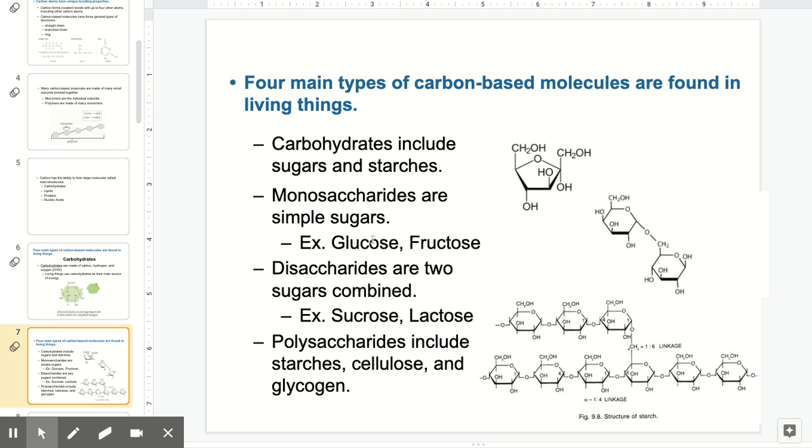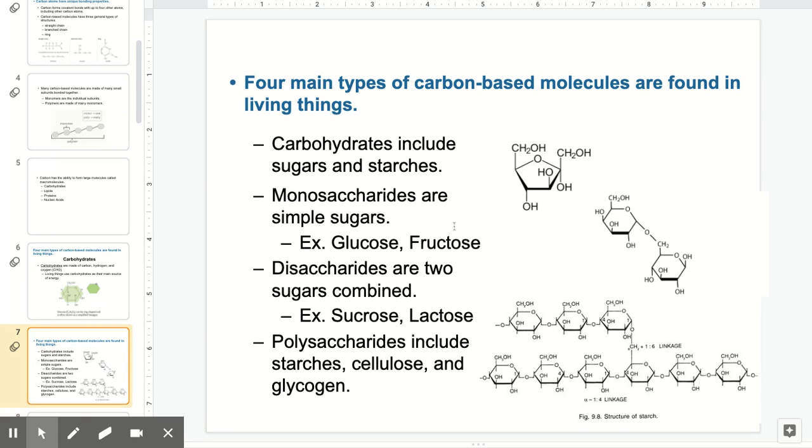Some examples, they look like this, and examples are glucose and fructose. Disaccharides have two sugars combined, sucrose and lactose. And then polysaccharides, some examples are starches, excuse me, cellulose and glycogen.